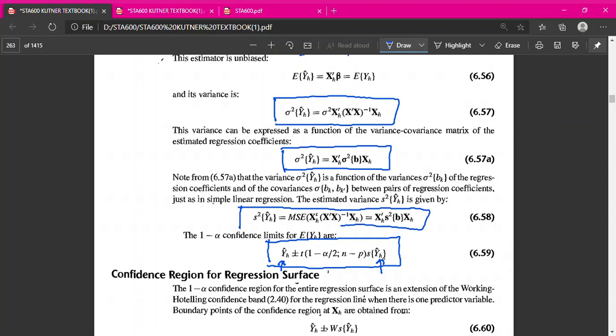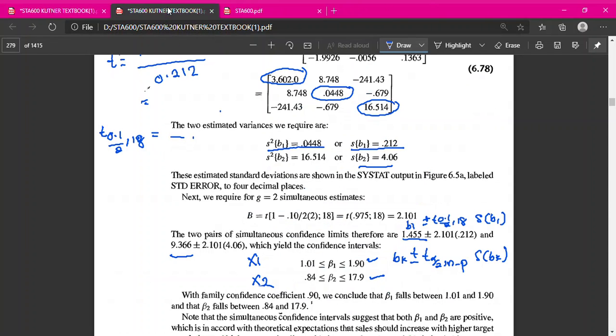So gunakan formula ni lah. S square of the mean response, which is MSE multiply Xh transpose, inverse of matrix X transpose X, multiply Xh. Okay, ataupun gunakan this formula if you have variance-covariance matrix. And then, macam sebelum ni, you kena tahu nak interpret the confidence interval for the mean response. Okay, let's see the example.